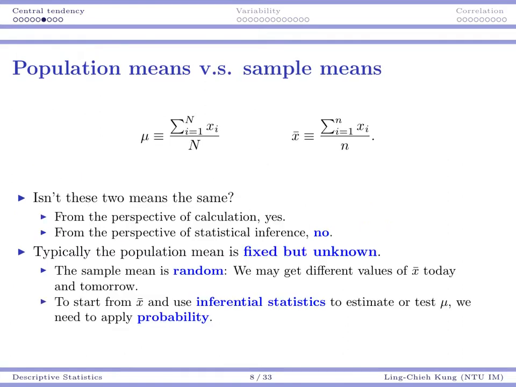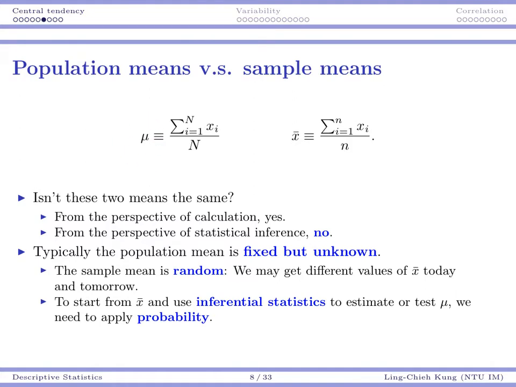And there is still one thing that is important, which is the concepts or the physical meanings of these two numbers. For the population mean, because we know this particular number exists in the data set, mu is actually a number.